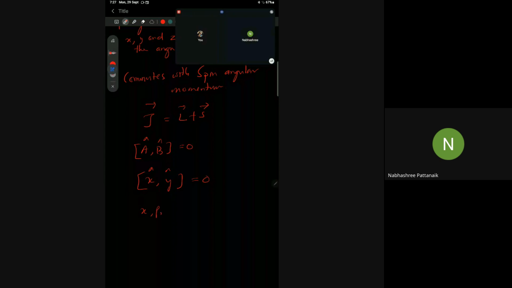What is the [X, Px] commutator? No, sorry, this is not 0. What is the value? This is i h cross. You remember from quantum mechanics 1, [X, Px] is equal to i h cross.